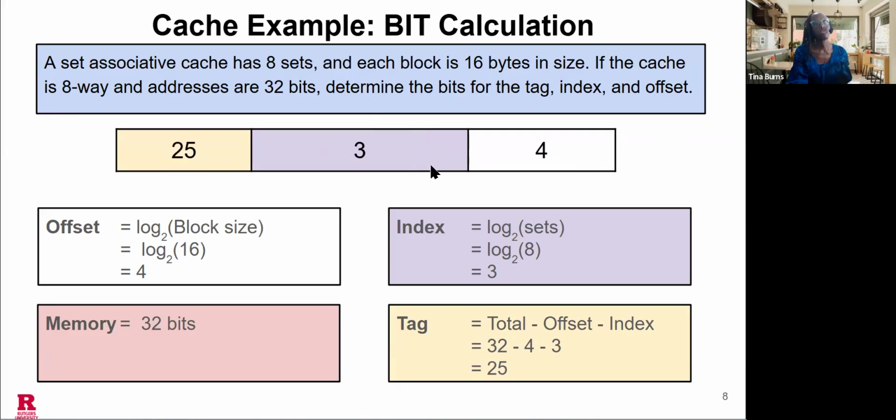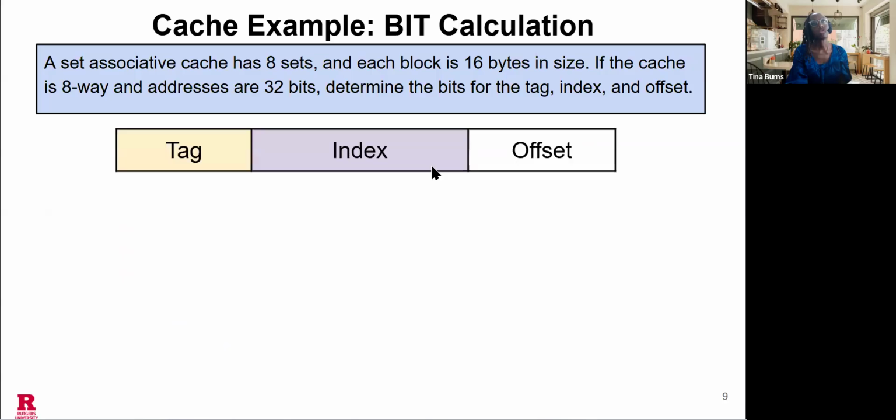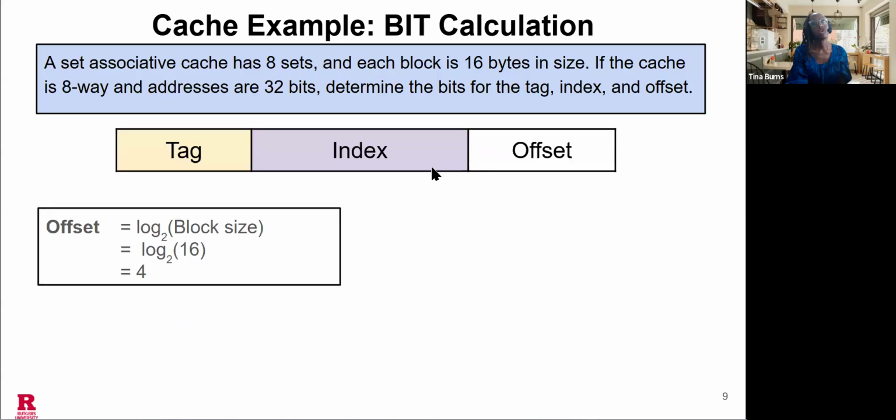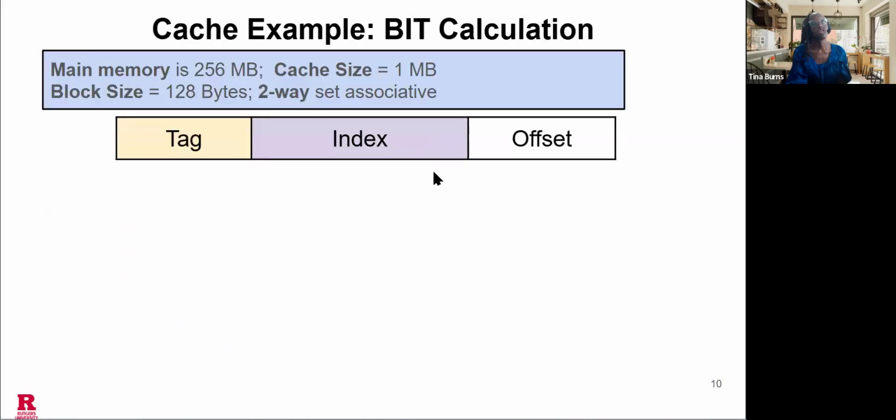Let's look at another example. Why did I give the same example here? I gave the exact same example. So let's look at another example. Apparently I put the same example twice.